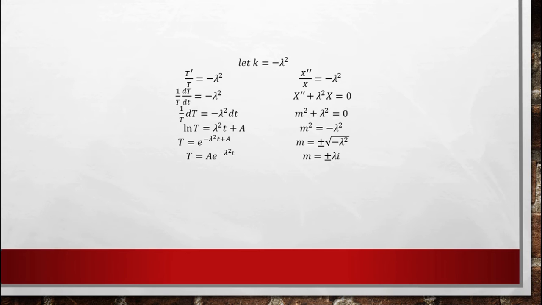For X prime prime over X is equal to negative lambda squared, we will use the characteristic equation because the X is second order. And we will get m is equal to plus minus lambda i. From the value of m, we will say that the roots are imaginary.